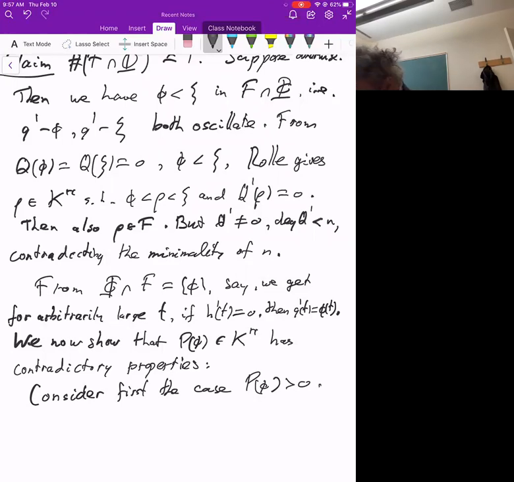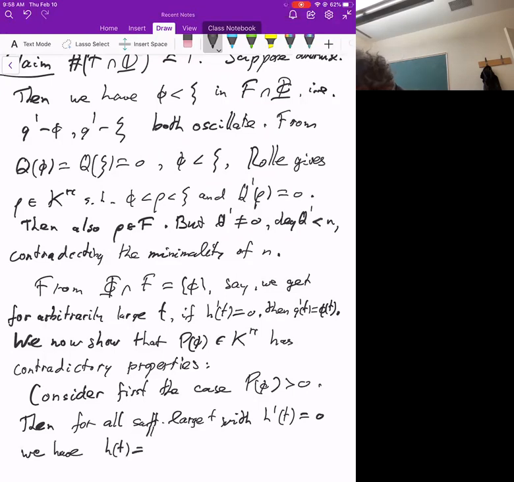Then for all sufficiently large t, for where h prime vanishes, and this will indeed happen for arbitrarily large t, we have that h t equals p g prime t, which is p phi t, is bigger than 0.